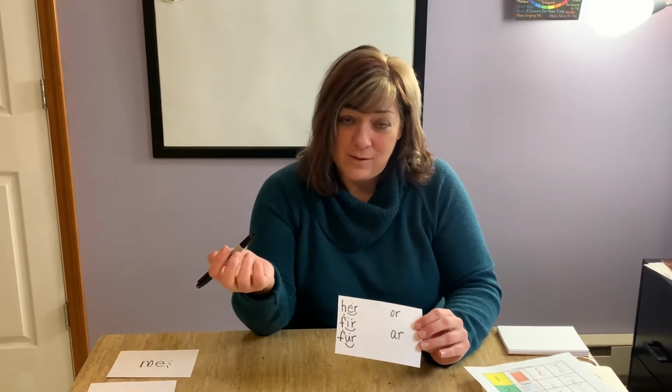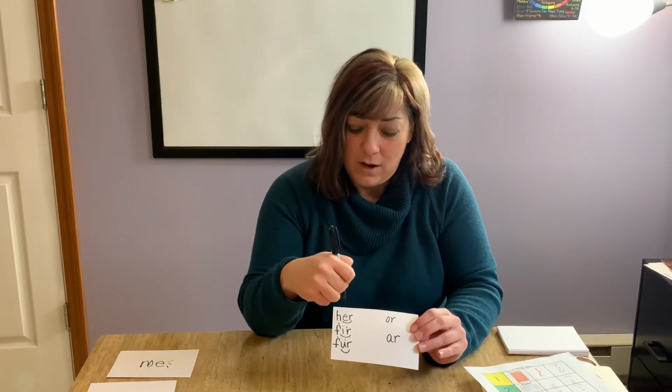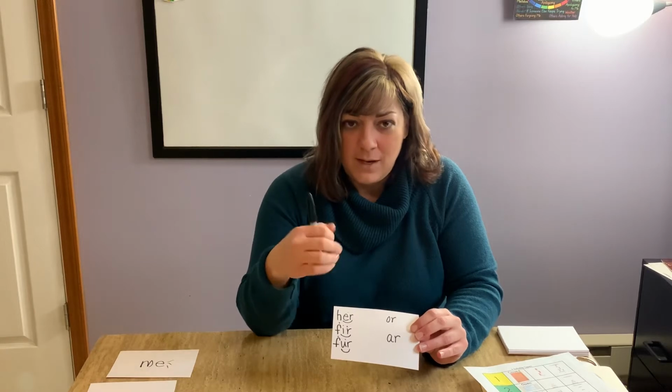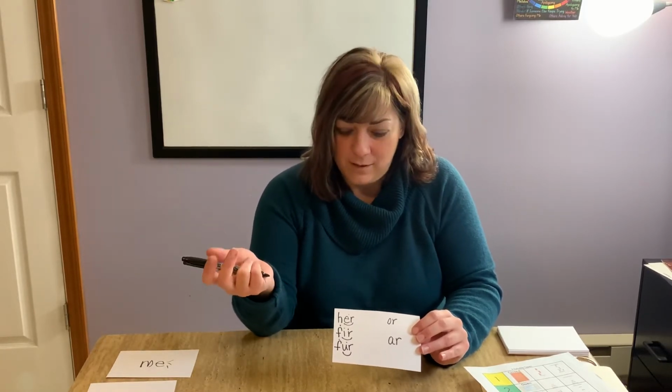We don't say those vowel sounds. Those vowels are influenced by the R, and so they all just say the same sound. And so that's why we call them the Bossy R or R-controlled syllables.